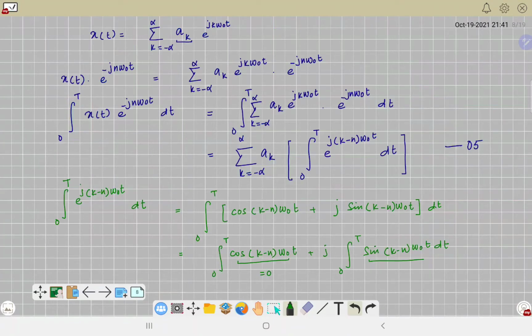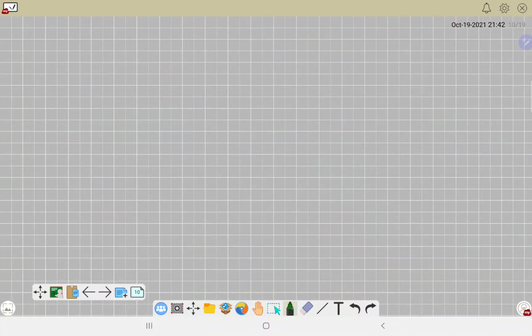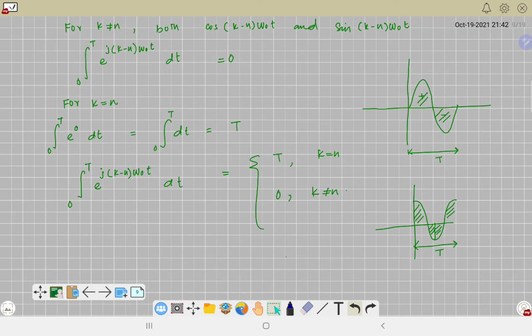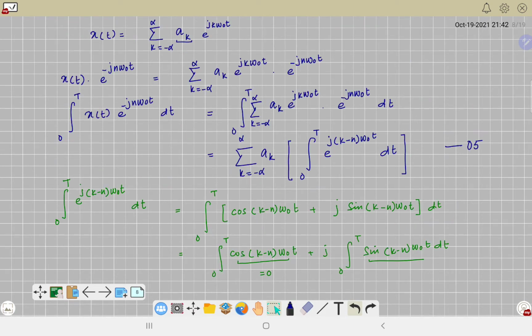Okay. So consequently my equation, where did it go? Okay, this one, equation 5 actually, it will be reduced to this thing. So the integral from 0 to T of x of t e raised to the power minus j n omega naught t dt. That was the left hand side of equation 5. Let me just check.